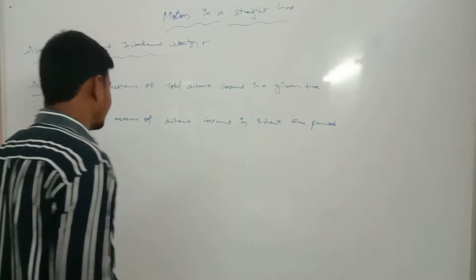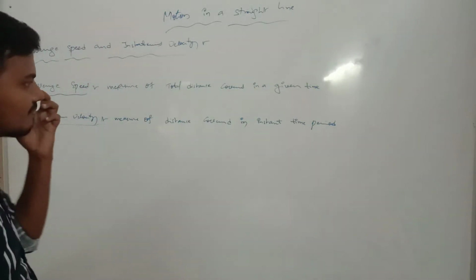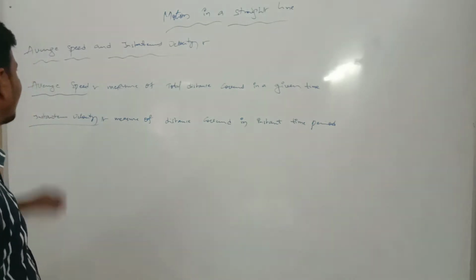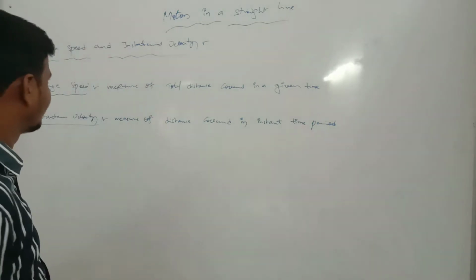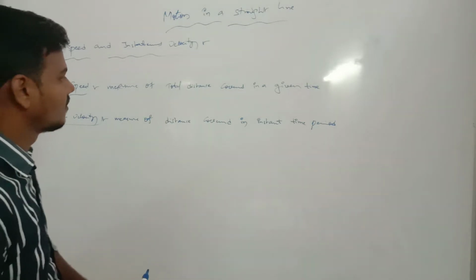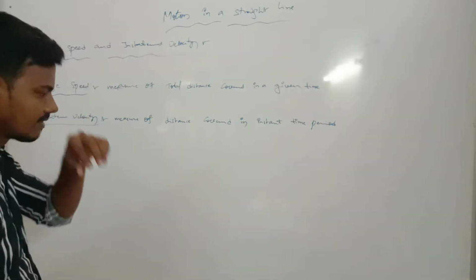This is the definition of instantaneous velocity. The displacement over an instant of time is known as the instantaneous velocity.